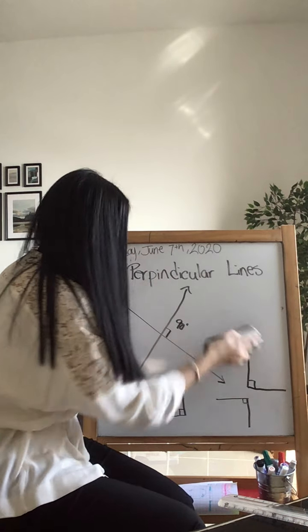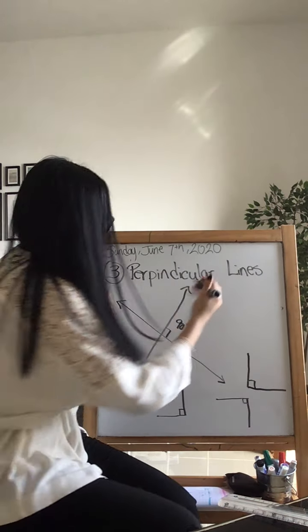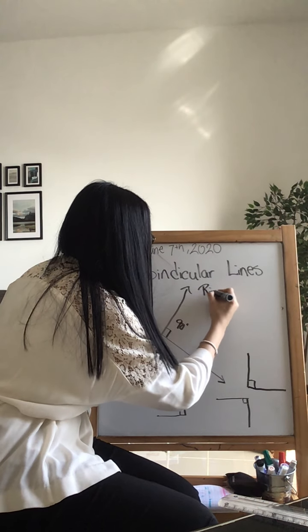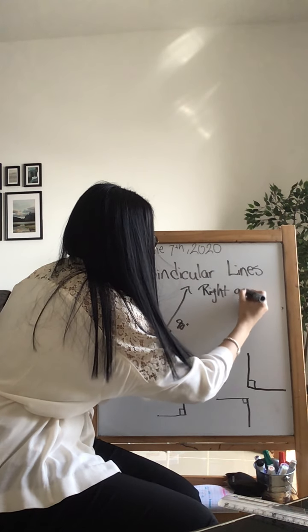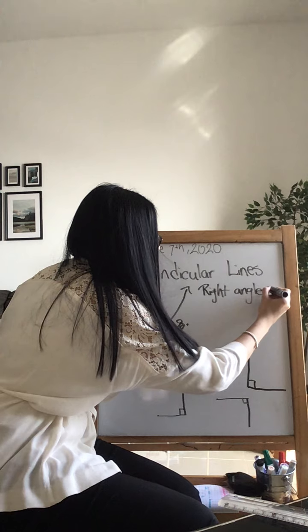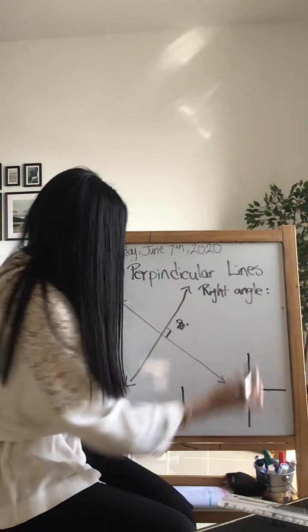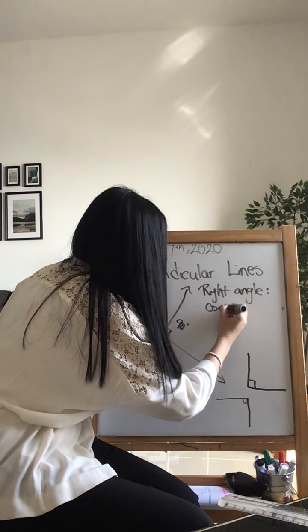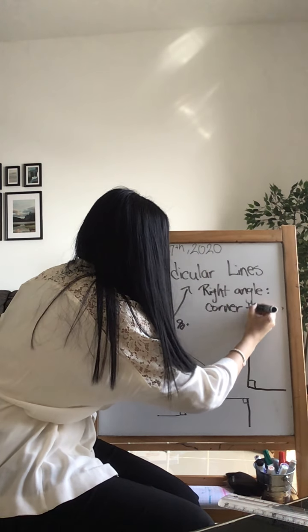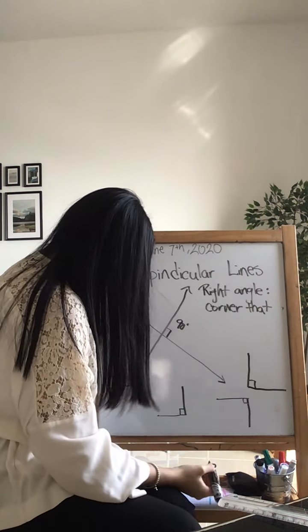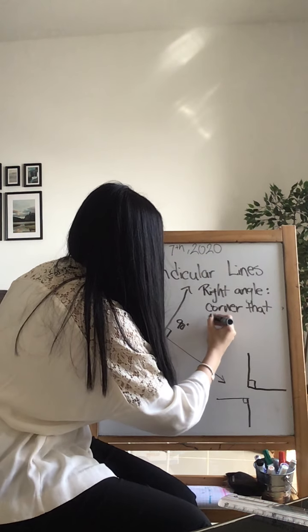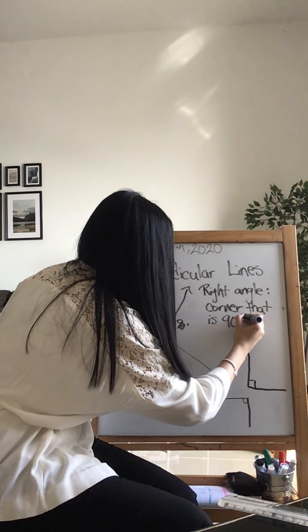Let me erase this non-example. And let me just say a right angle. And please write this down. This is important. Right angle is a corner that is 90 degrees, right?